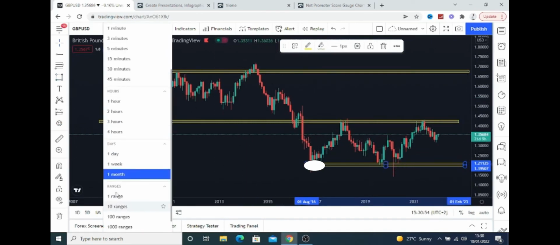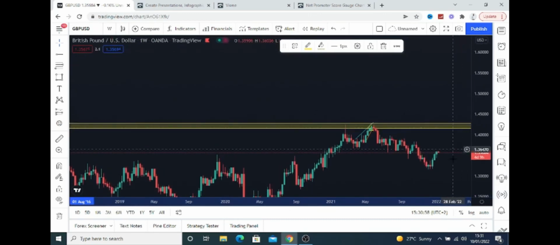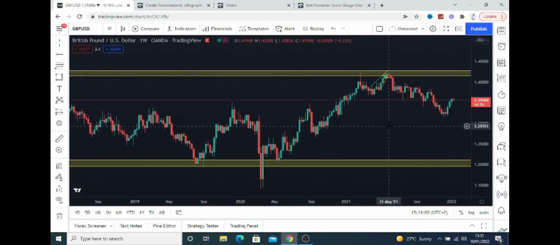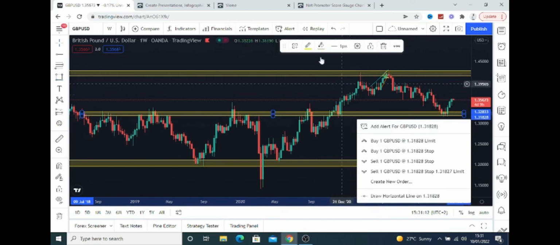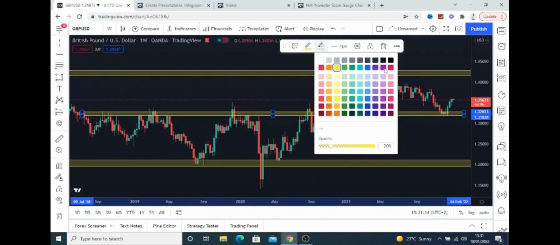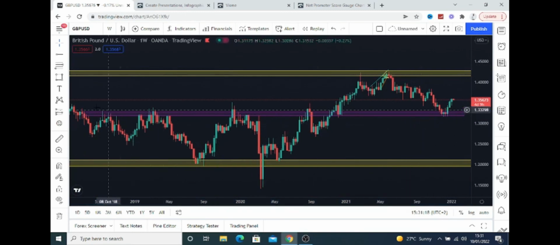Let's move over to the weekly. Weekly time frame, and what do we see here? We are seeing a rejection here. Okay, let's change the color since we have changed the time frame. So we're seeing a rejection here, here, and here.